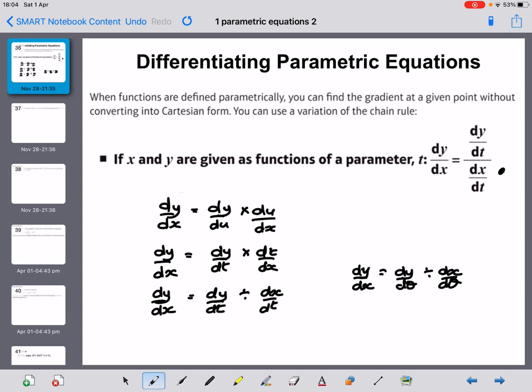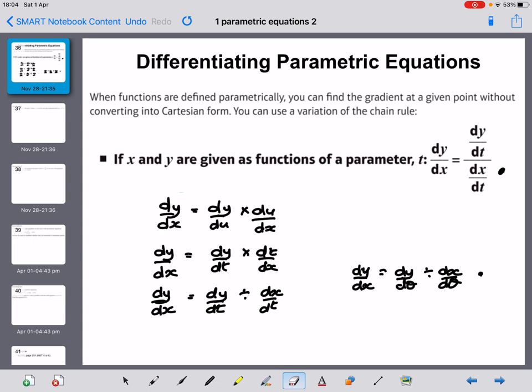So you can either memorize it like that, or just remember the chain rule because you already know that, and then multiply by the reciprocal. It depends how you want to memorize it. It's easier just to remember for parametric equations, divide one by the other.